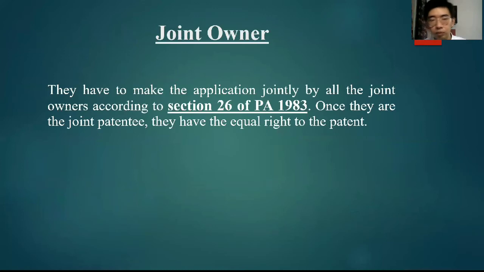The joint inventors could make an application jointly by all the joint owners according to Section 26 of the Patent Act. Through this Section 26, they could make an application jointly to have joint ownership of the patent, and then they become the joint patentee.